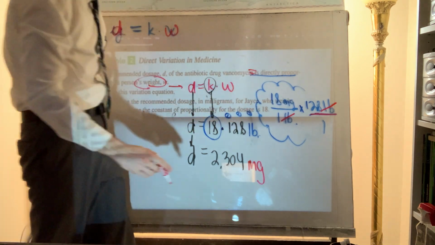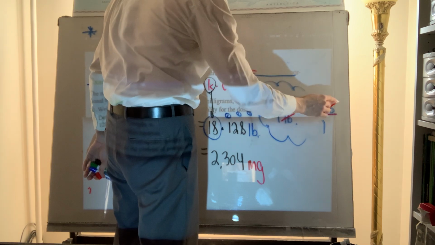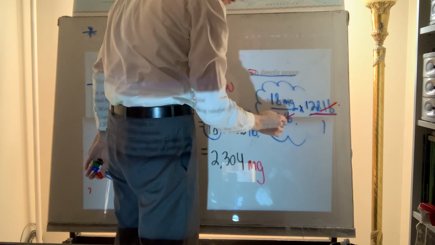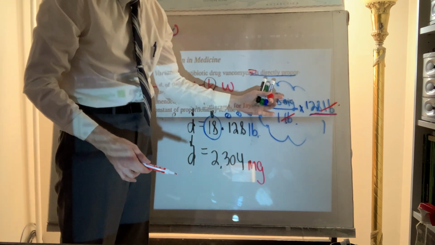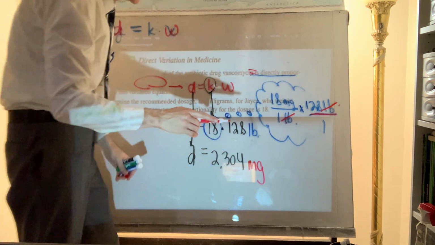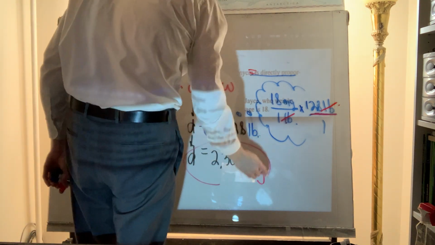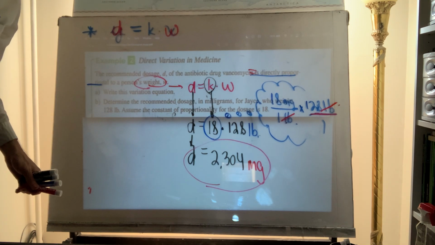We've been discussing this earlier in the semester already, where there's a cancellation effect like this. They didn't tell you that 18 was a unit conversion of milligrams to pounds, but you could infer that, because this is the end result. Anyhow, take advantage.